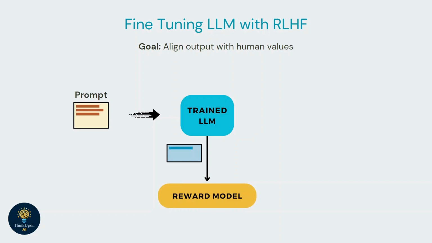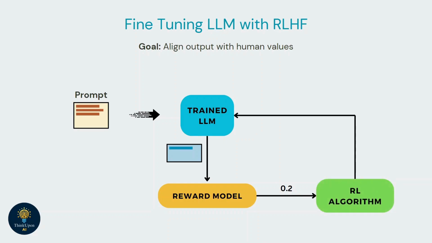The trained reward model assigns some reward value based on what data it has already looked at. These reward values are then passed to an RL algorithm which, based on these values, changes the weight parameters of the trained LLM model such that it could generate responses to get higher reward values.